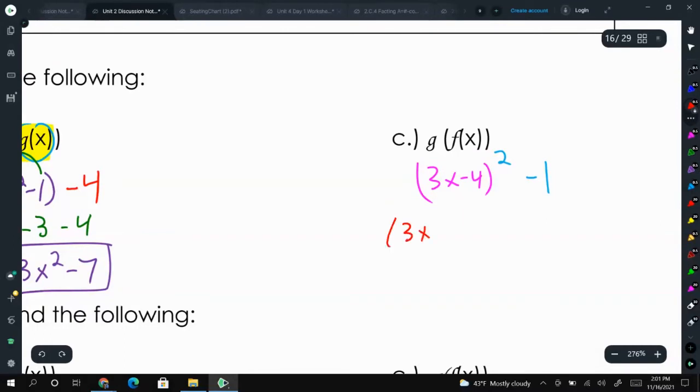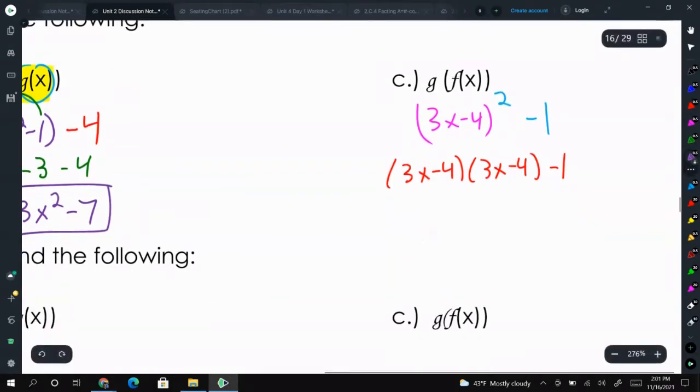Remember, we need to write this out as 3x minus 4 times 3x minus 4. And then we have to FOIL that. And that's going to be 9x squared minus 12x minus 12x plus 16 minus 1.